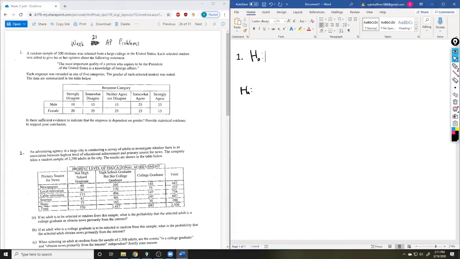So with association, the null hypothesis would be that there is no association between a person's response.